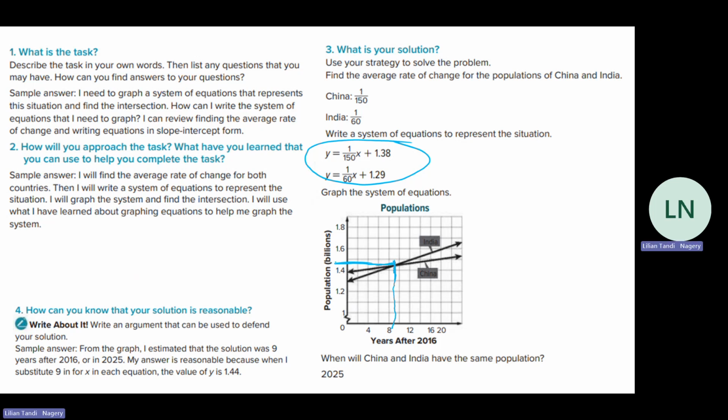So you need to get the value for y, and you need to get the value for x. Because the question is asking, when will China and India have the same population? China and India will have the same population where your 2 lines are intersecting.